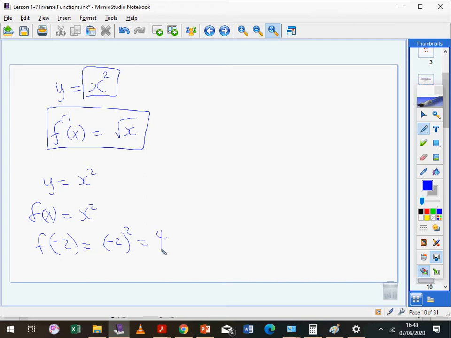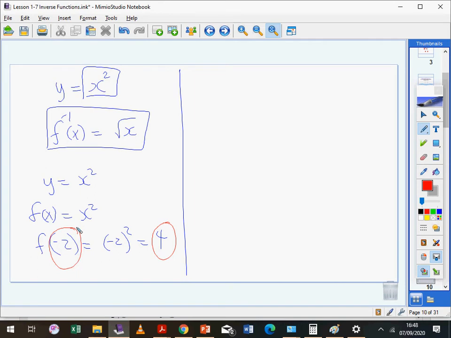which gives me an output of 4. An inverse function should be able to take an input of 4 and give me an output of -2, because that's what an inverse function should do.